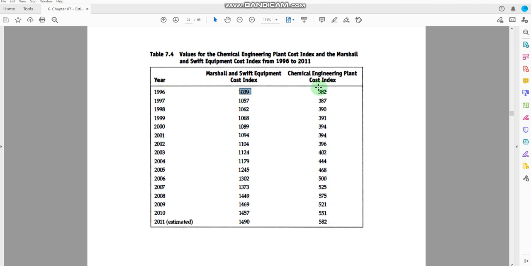Okay, for CEPCI you can see the different numbers here, and for the Marshall and Swift you can see different numbers here. Okay, so you can choose any of these, but it is preferred to go with CEPCI, though you can choose any of them, because ultimately we have to take the ratio between the 2 years, so the effect of these higher numbers would be negated there.